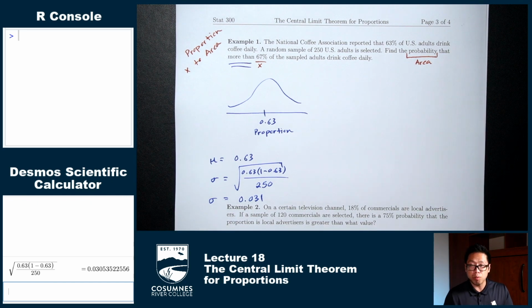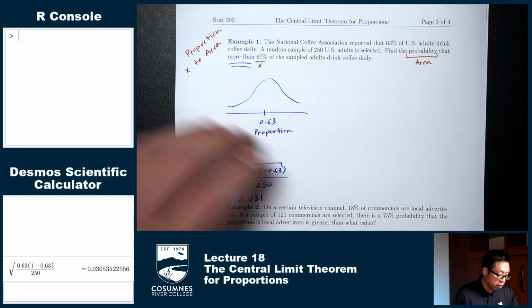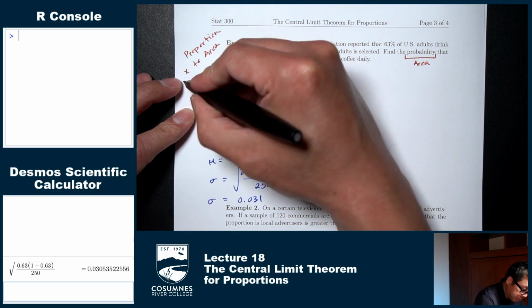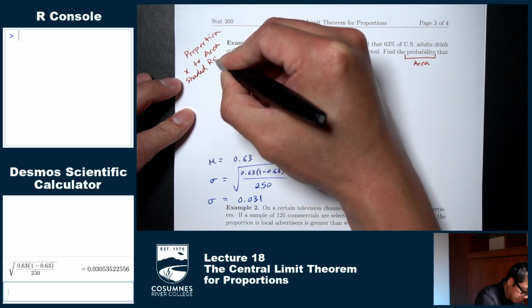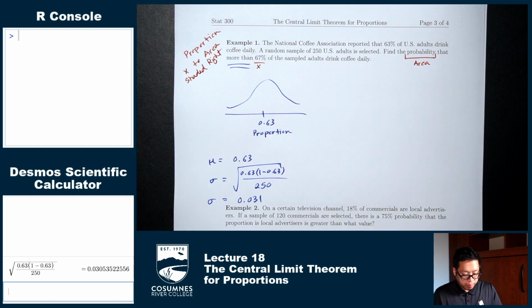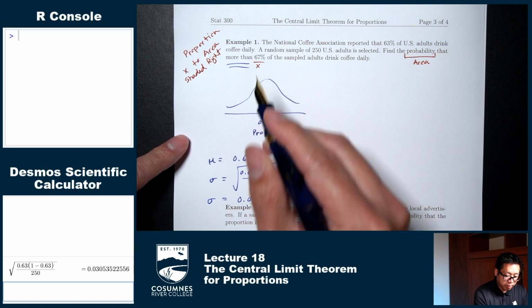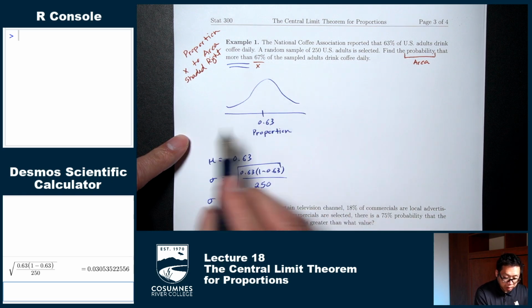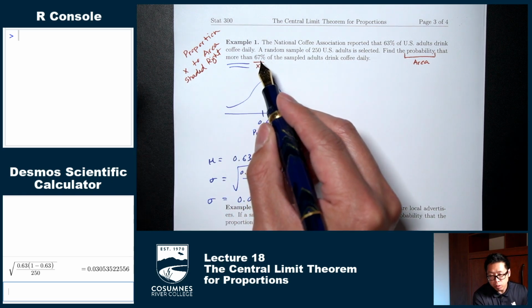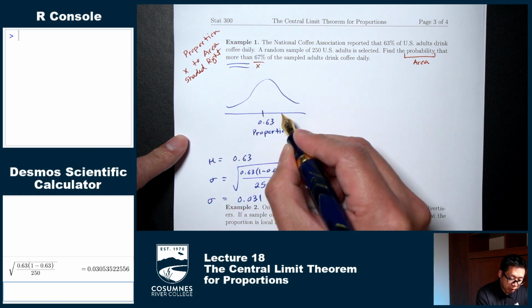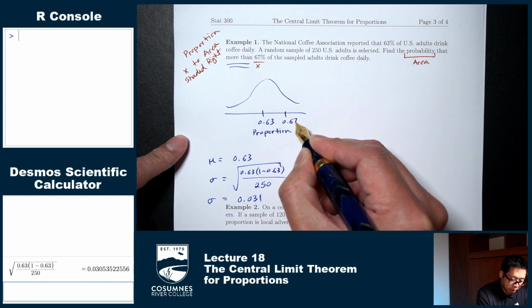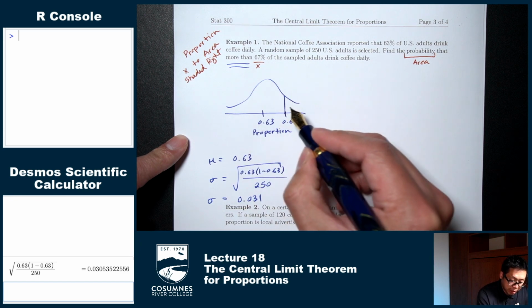So more than, greater than, those all mean to the right. So this is going to be shaded right. We said this 67% is an x, so that goes on the x-axis. Once again, convert it to a decimal. So that's 0.67. That would go right here. And then we said shaded to the right.